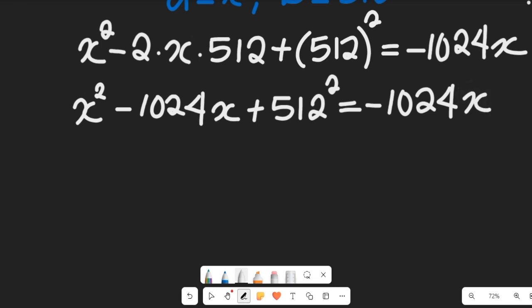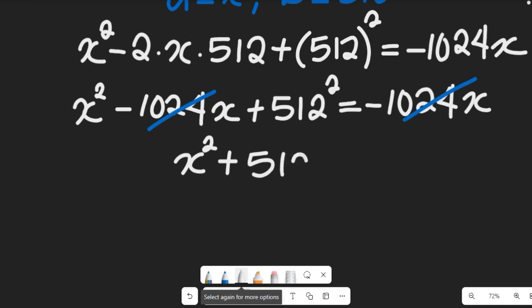Now from here, you can simply see that this can cancel out this, because if this comes this way, they will cancel out. So we'll have the expression x squared plus 512 squared equal to 0.